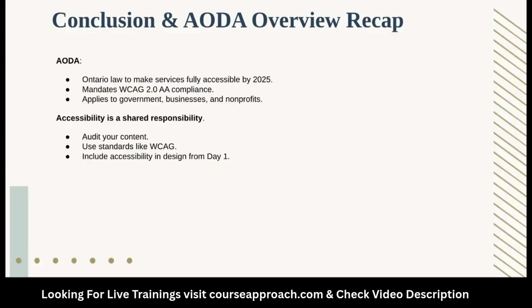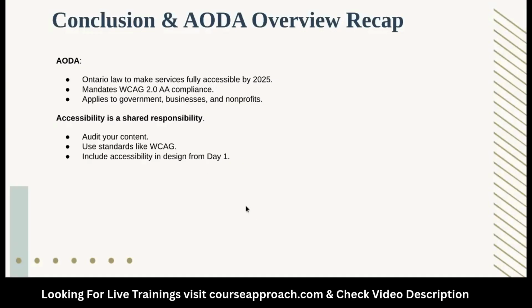This applies to all government, business, and non-profit digital products, which should follow this compliance. This is mandatory. Accessibility is a shared responsibility, and we need to audit your content, use standards like WCAG, and include accessibility in design from day one. This is the expectation of WCAG from the AODA law.